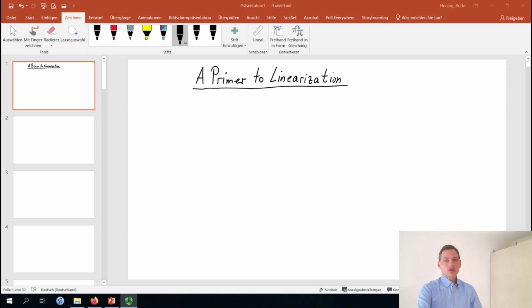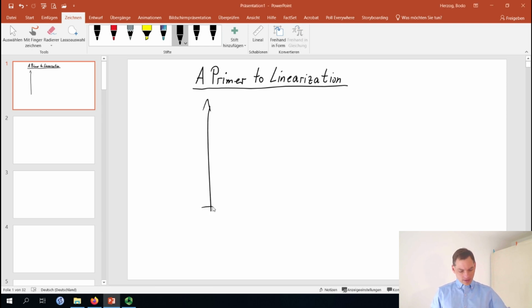First of all, you all know that in economics we have curves, supply and demand curves. In the simplest case, you already know from microeconomics, there are two curves, with price and quantity.